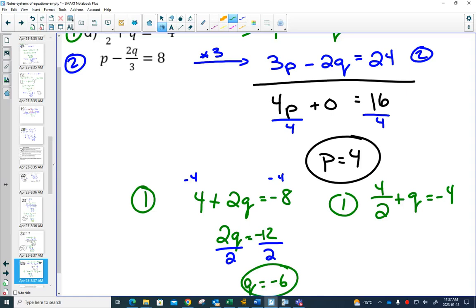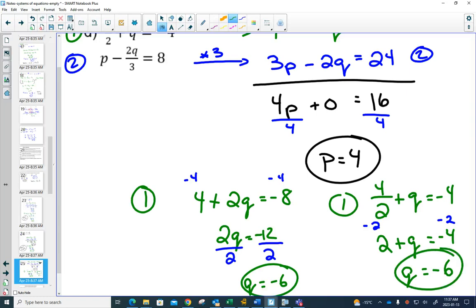If you use the other one, you would first have to do 4 divided by 2, which is 2. You would have to move the 2 over to the other side by subtracting 2. Whoops. Something miraculous happened on the other side. 4 stays 4. And you would get Q is equal to -6, which is the same either way.